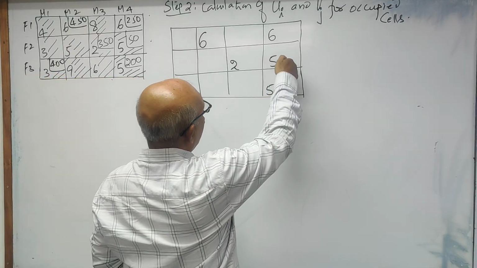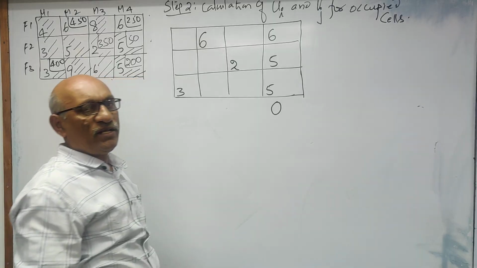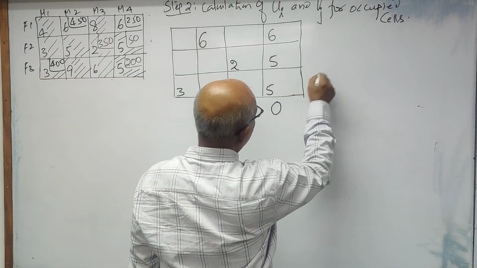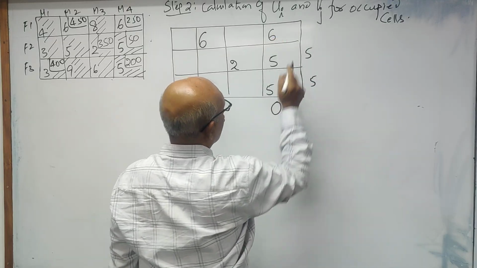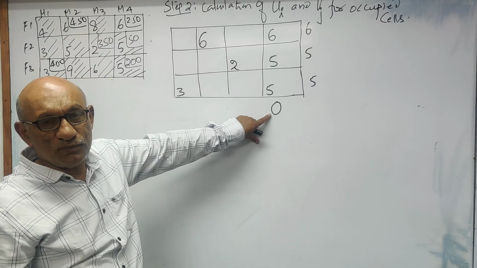This third column is having a maximum of 3 occupied cells. Its index is taken as 0. 5 minus 0, 5. 5 minus 0, 5. 6 minus 0, 6.